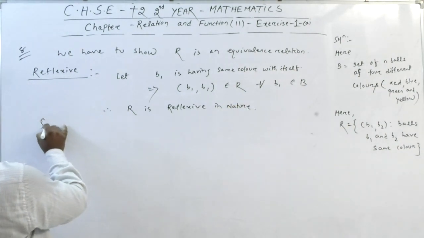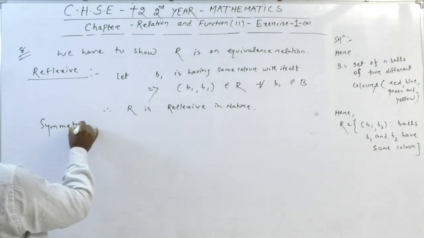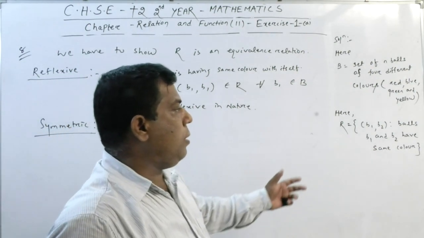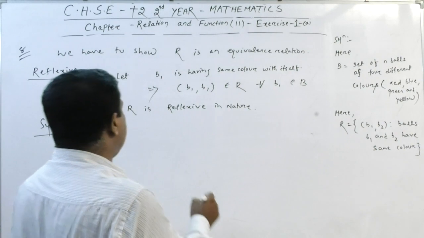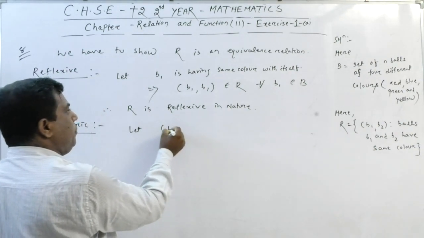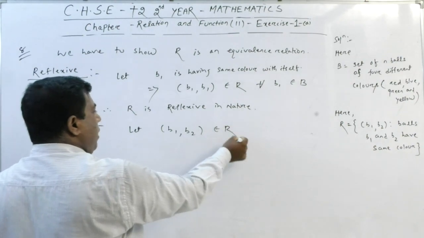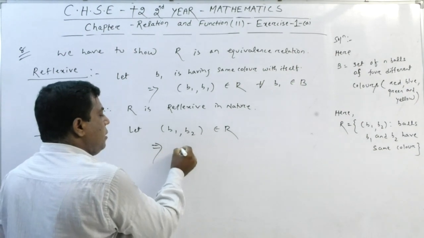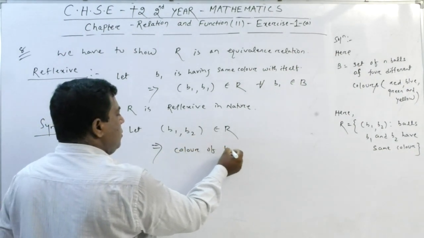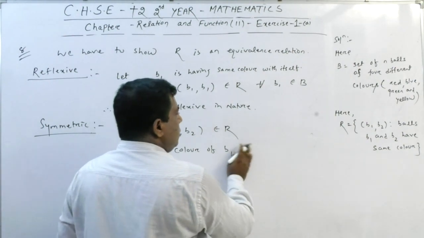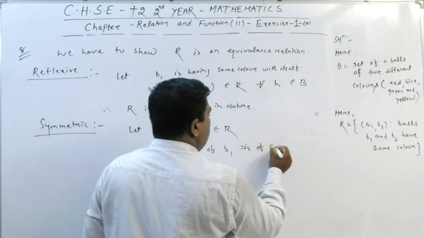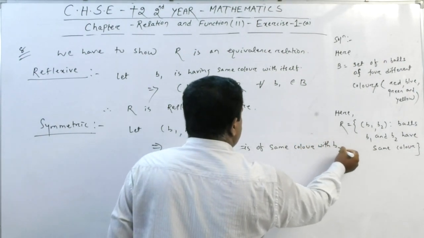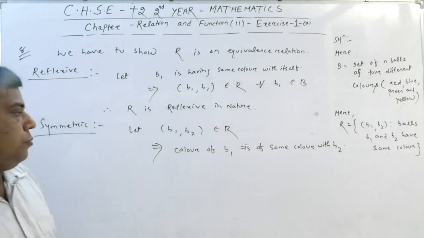Now we are going for symmetric. What is the meaning of symmetric? Suppose the color of B1 is equal with the color of B2. Let (B1, B2) belong to R. What does it imply? It implies the color of B1 is the same as the color of B2.